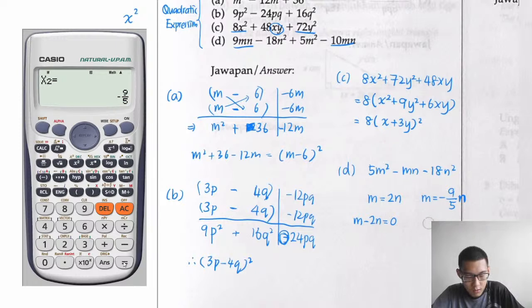No. I will try to make them in one line, singular line, like this is better. The 5 is moved here, multiply, and now we have 5m plus 9n equal to 0. So we simplify these two parts, m minus 2n, 5m plus 9n.